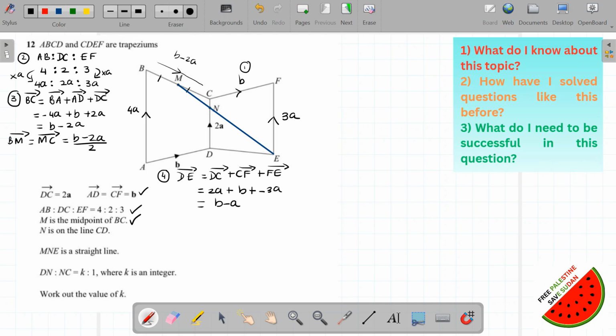So this is DE. Now the next vector I'm going to find is ME. The reason I found DE is because later on I'm going to find NE, and in order to find NE I will be using ND and DE. So first let me find ME.